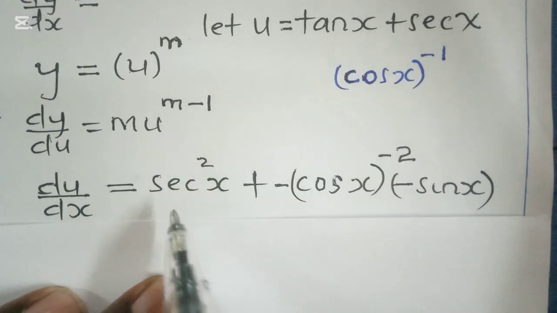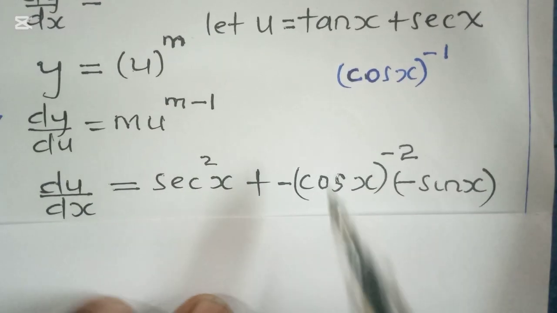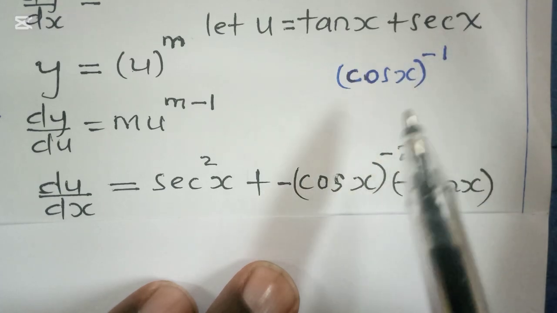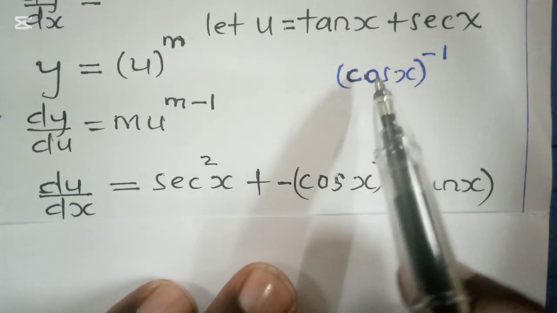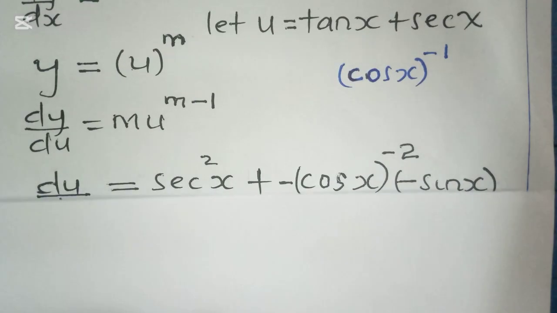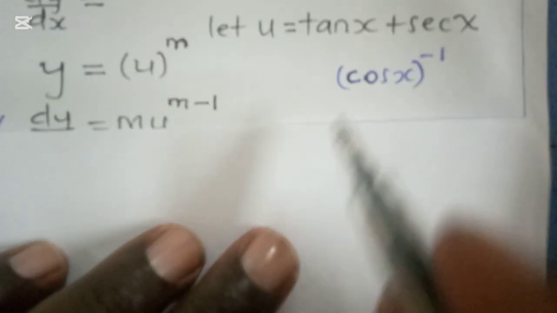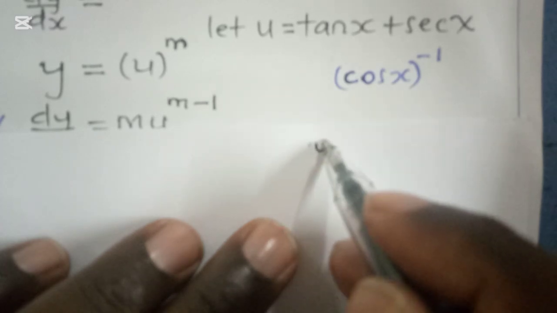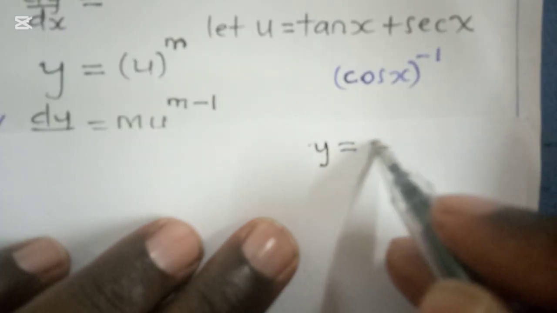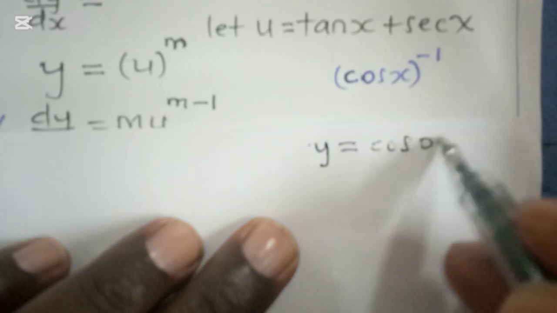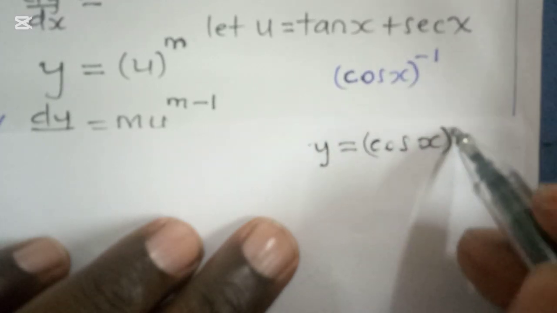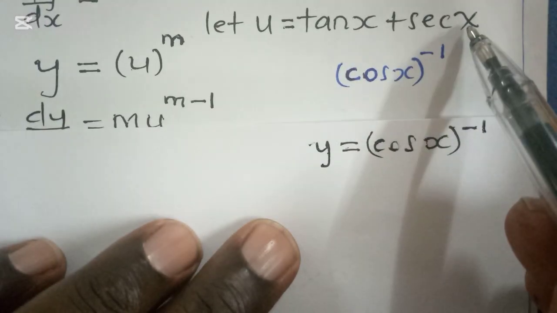For tan, you have sec squared x, and then for sec, we differentiate it as follows. Sec x is cos x raised to the power of -1, because remember, sec x is 1 over cos x.